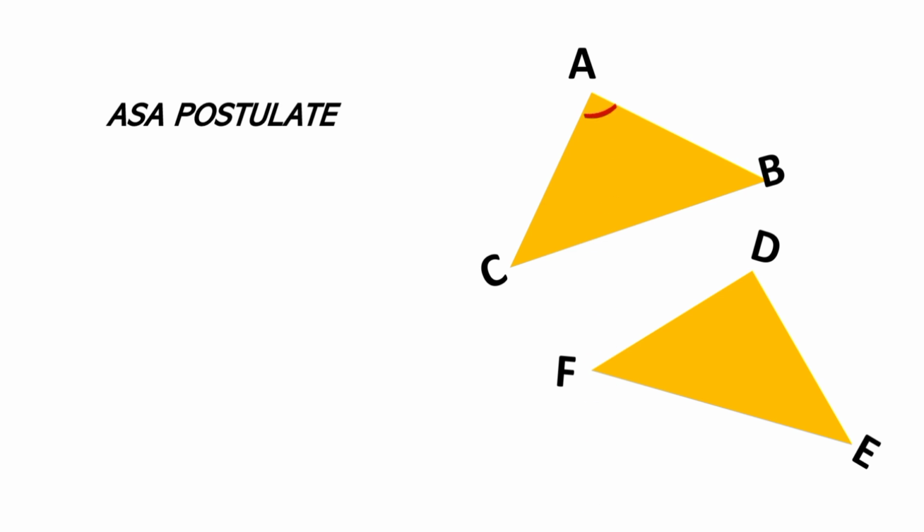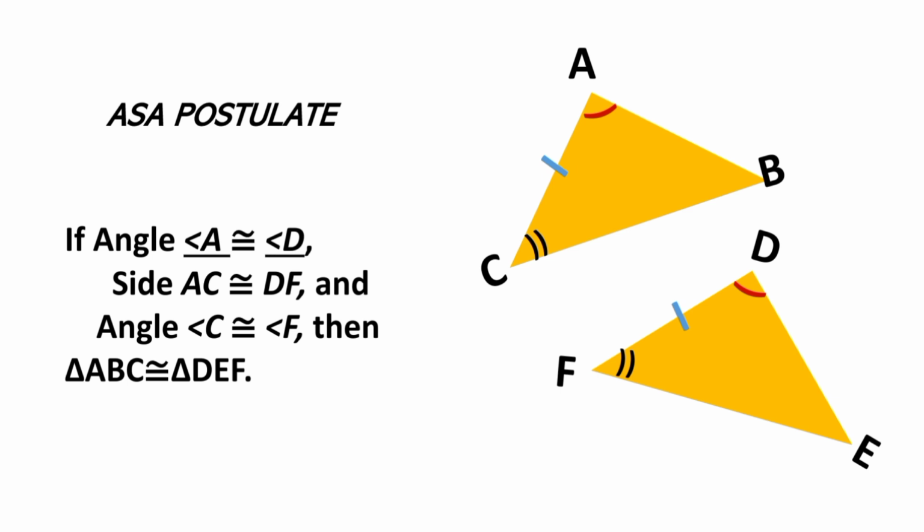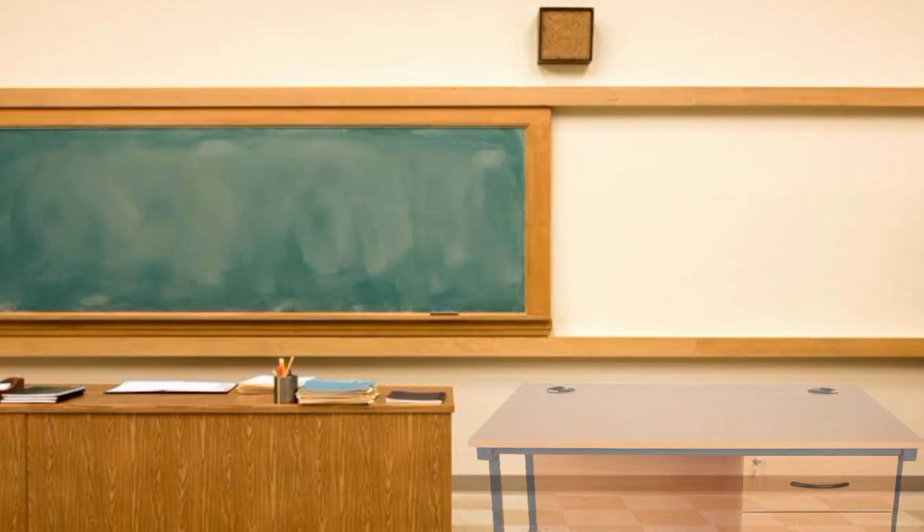If the angle A is congruent to the angle D, the line segment AC is congruent to line segment DF, and the angle C is congruent to the angle F, then the triangle ABC is congruent to triangle DEF.